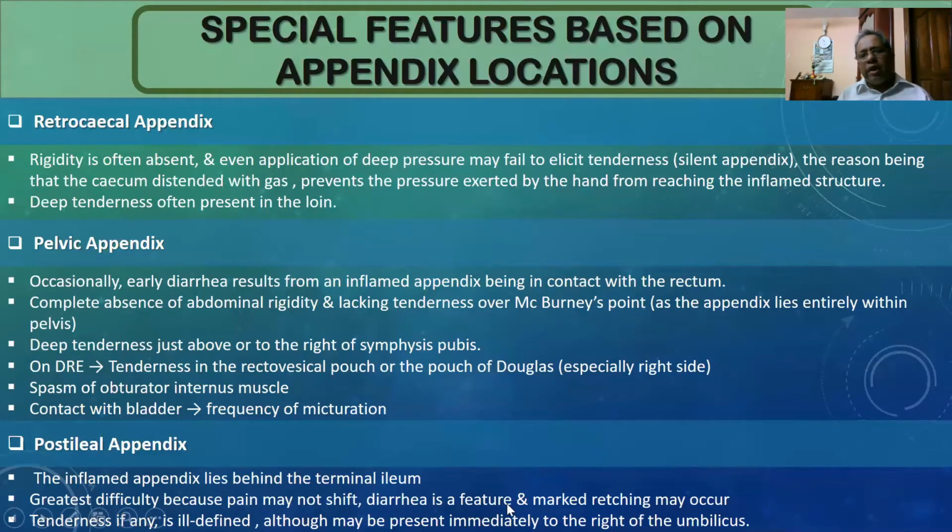Diarrhea is a feature and marked retching may occur. Tenderness, if any, is ill-defined, although it may be present immediately to the right of the umbilicus; it is more medially that tenderness may be elicited. So these three important findings a physician must know.